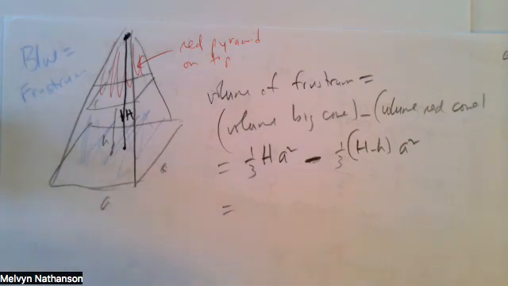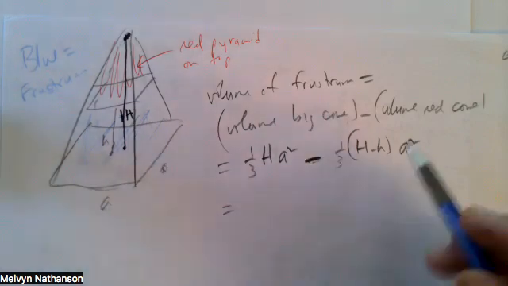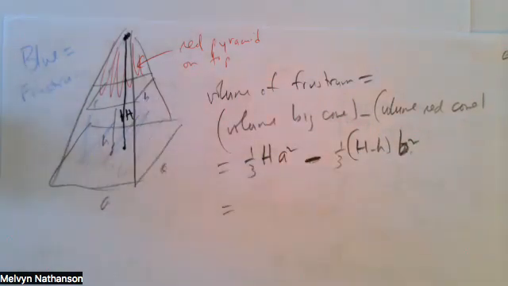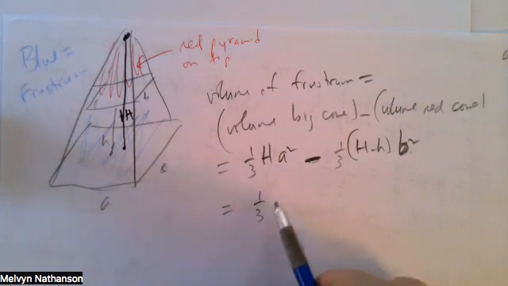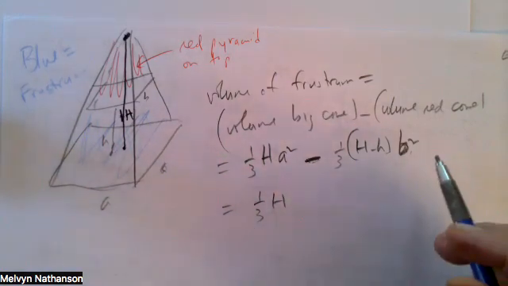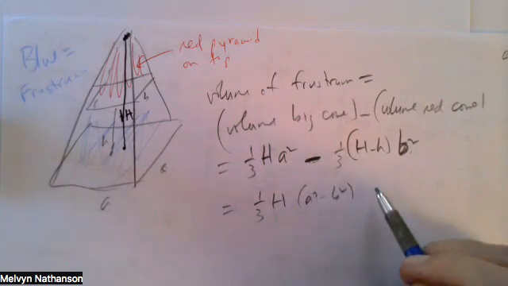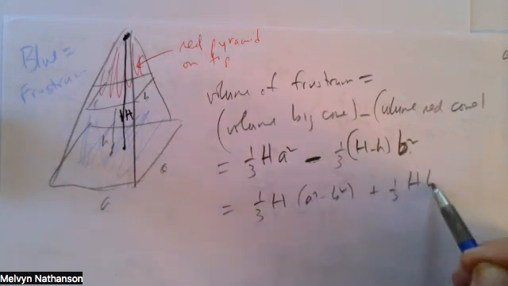So let's see, what is that? Sorry, this is a B, the area of the base of the little cone. So this is 1/3 H A squared minus B squared, plus 1/3 little h B squared.